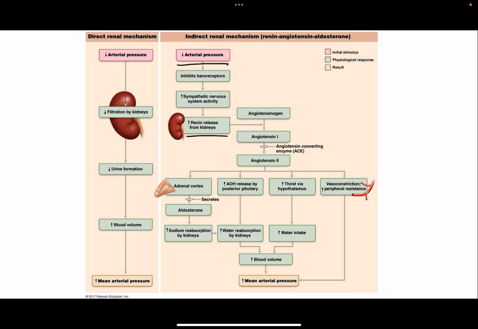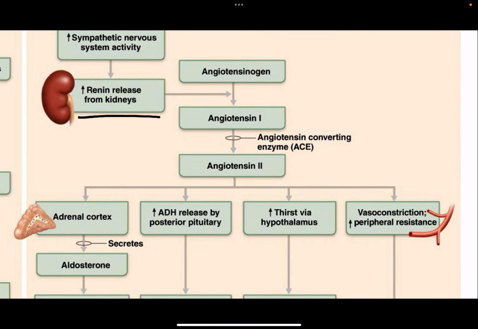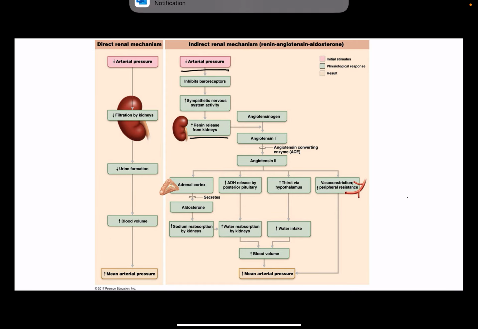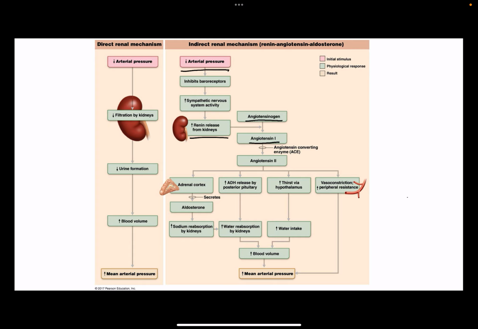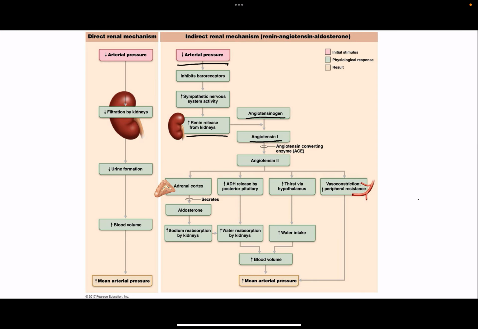When renin is released, that renin is going to convert angiotensinogen, which is an inactive form of this enzyme, into angiotensin 1. That angiotensin 1 is going to be converted into another form called angiotensin 2, and that is done by this angiotensin converting enzyme. And which organ does that come from? The lungs.